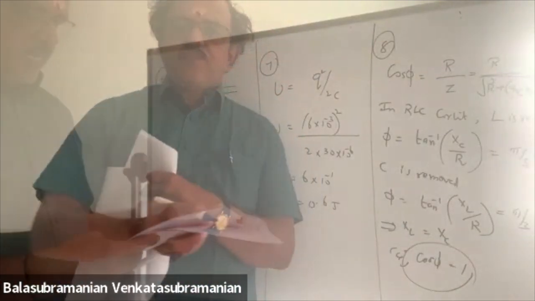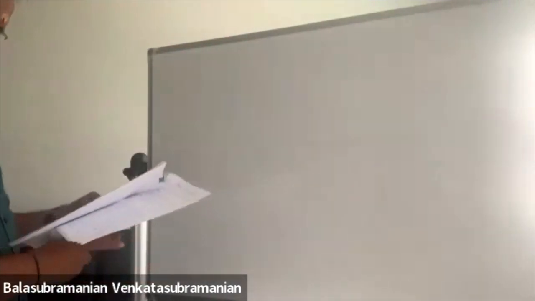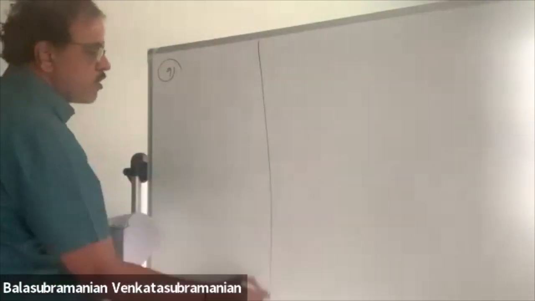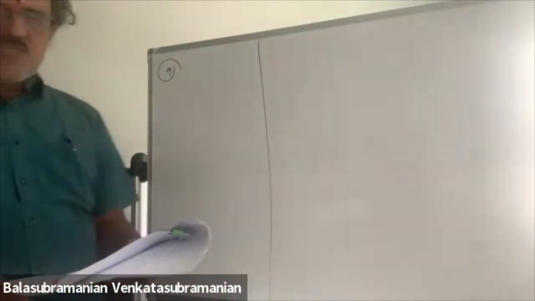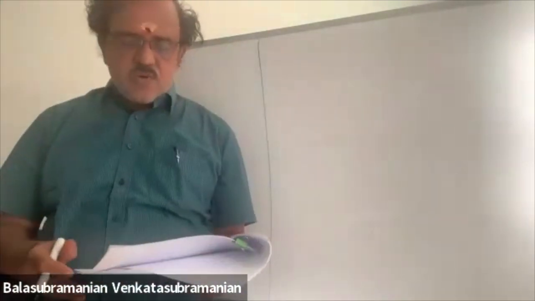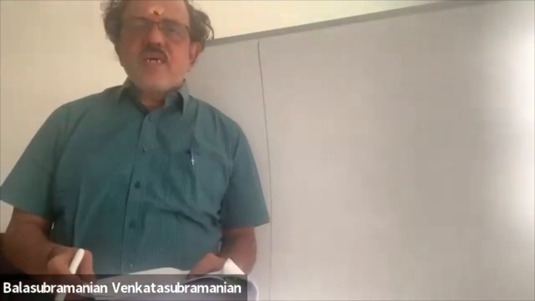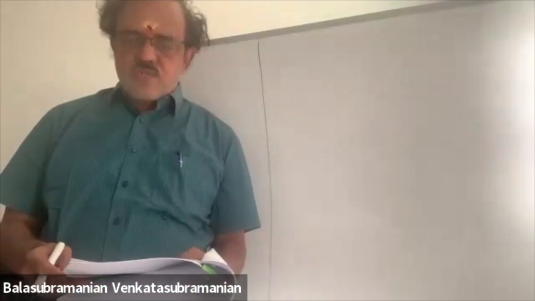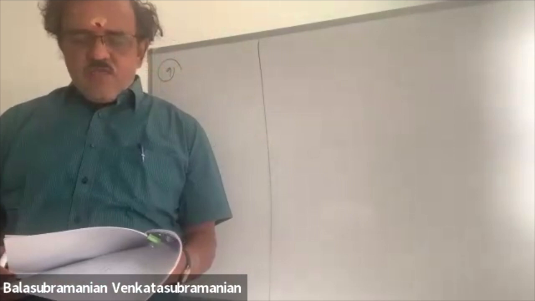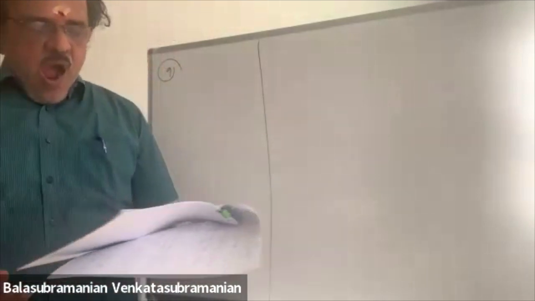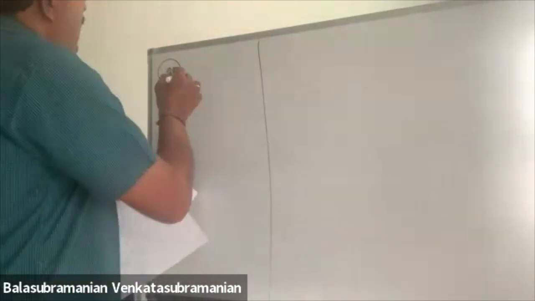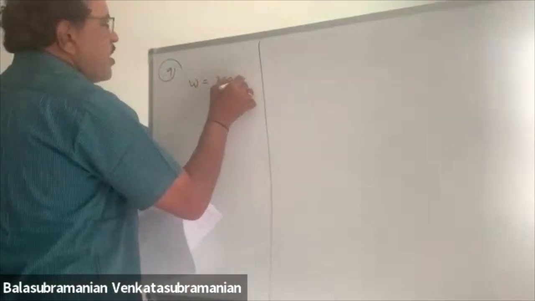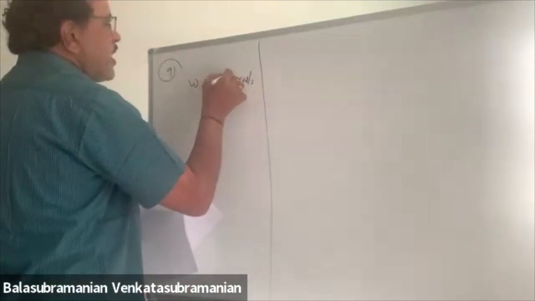Okay. 9th problem. In a series RLC circuit, the voltage across 100 ohm resistor is 40 volts. Resonant frequency is omega 250 radian per second.